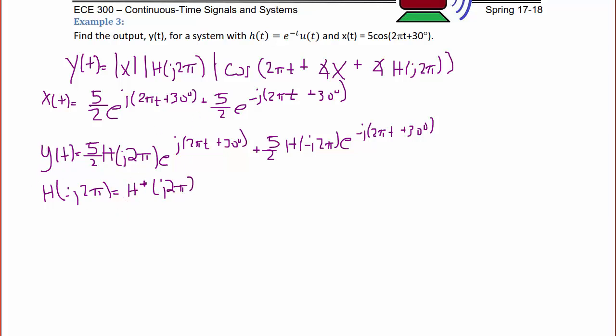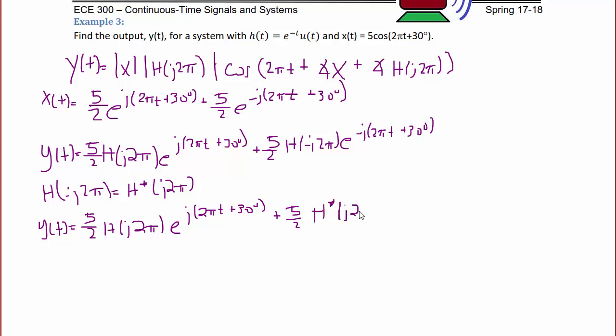So we can rewrite y of t as 5/2 H(j2π) e^(j(2πt + 30°)) + 5/2 H conjugate of (j2π) e^(-j(2πt + 30°)).